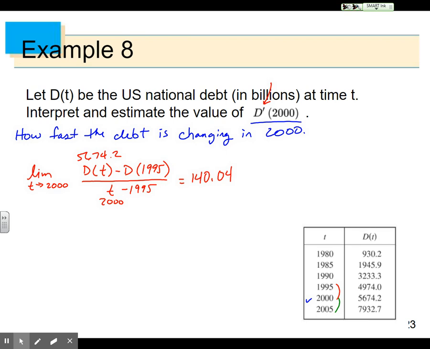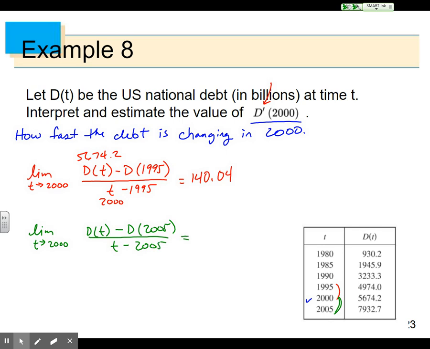Okay, now I'm going to do an average rate of change from 2000 to 2005. Again, it's going to be the limit as t approaches 2000. And I'm going to do D of t minus this D of 2005, over t minus 2005.